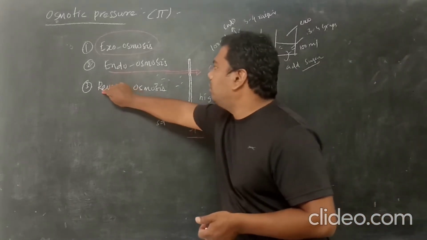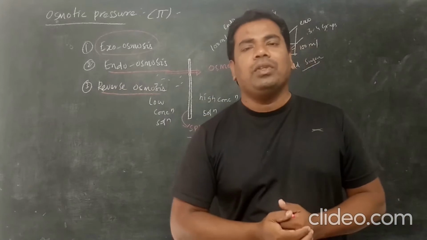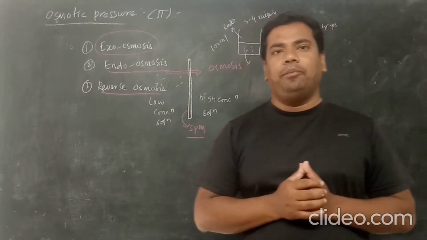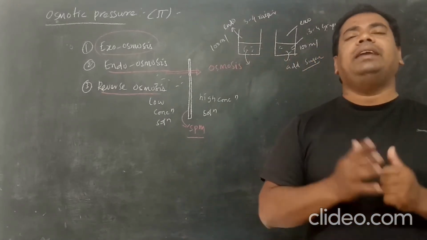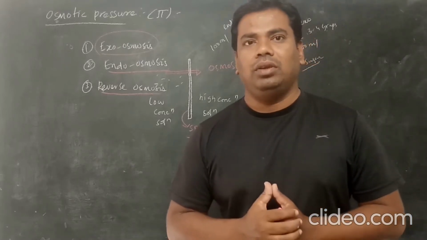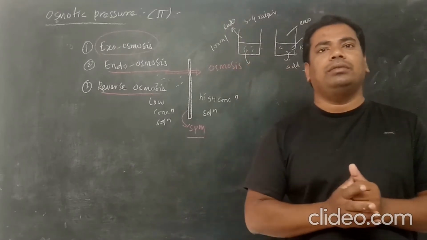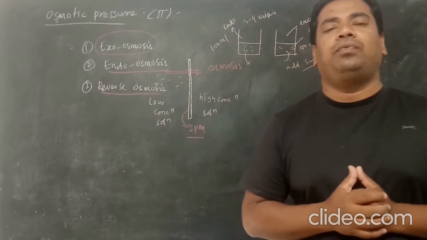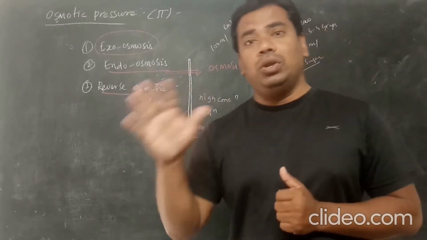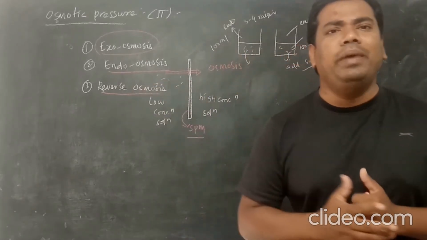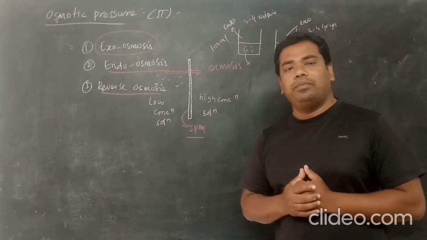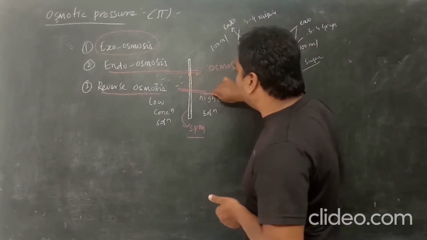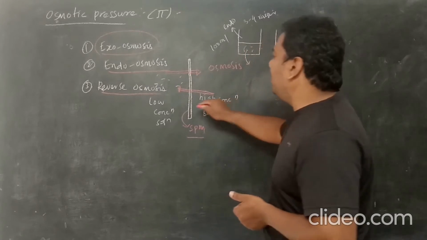Then the third topic is reverse osmosis. What is reverse osmosis, students? Reverse osmosis means that if we apply a pressure higher than the osmotic pressure on the solution, there is movement of solvent molecules from higher concentration region to lower concentration region through a semi-permeable membrane.